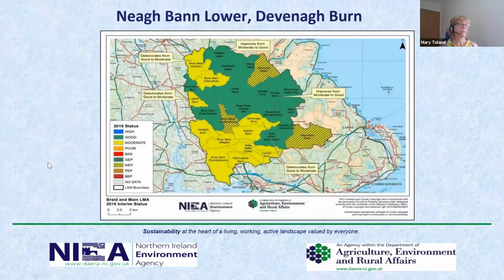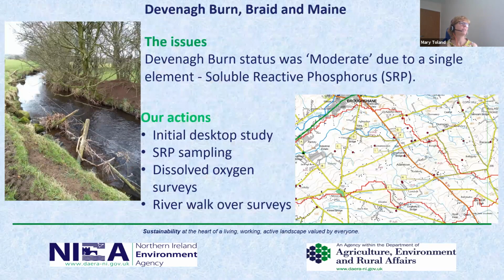Another example then, we looked at the Davna burn, and it was moderate due to a single failing element, which was soluble reactive phosphorus. The initial desktop was carried out once again, and we sampled the phosphorus in the water.